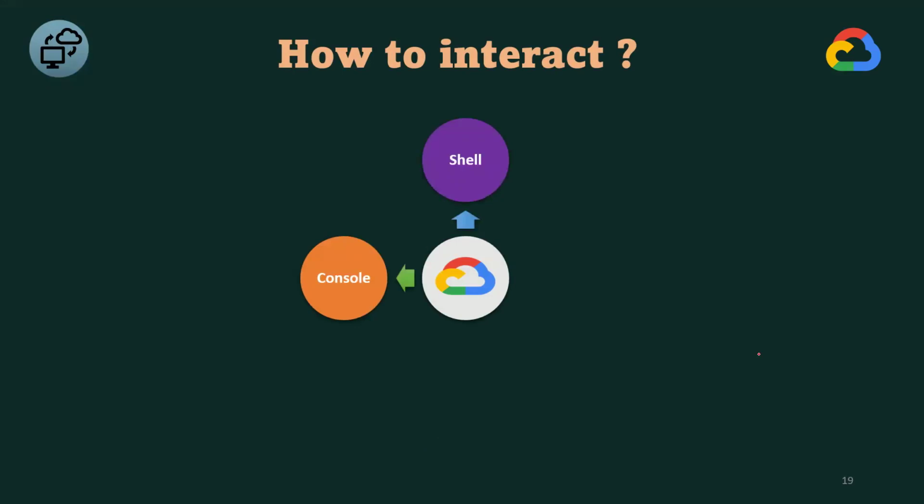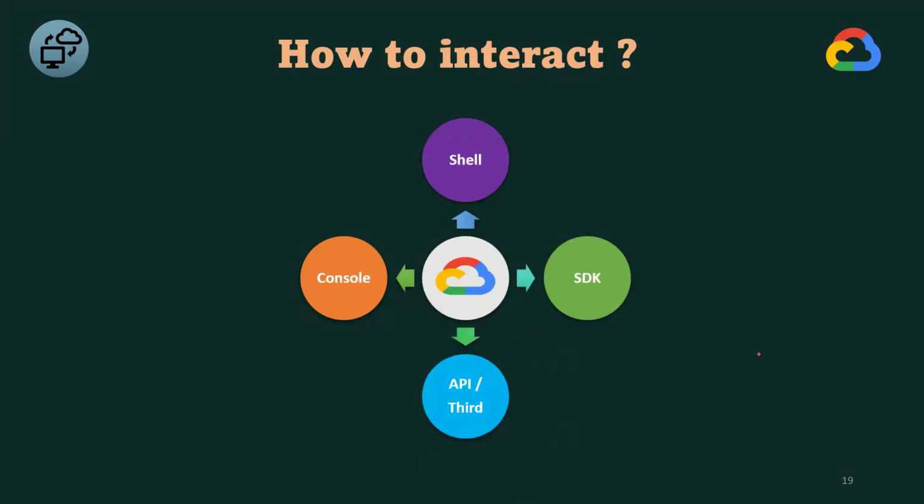The third method is the SDK. The fourth method is third-party tools. So you can use four methods in total: console, Cloud Shell, Cloud SDK, and third-party tools.